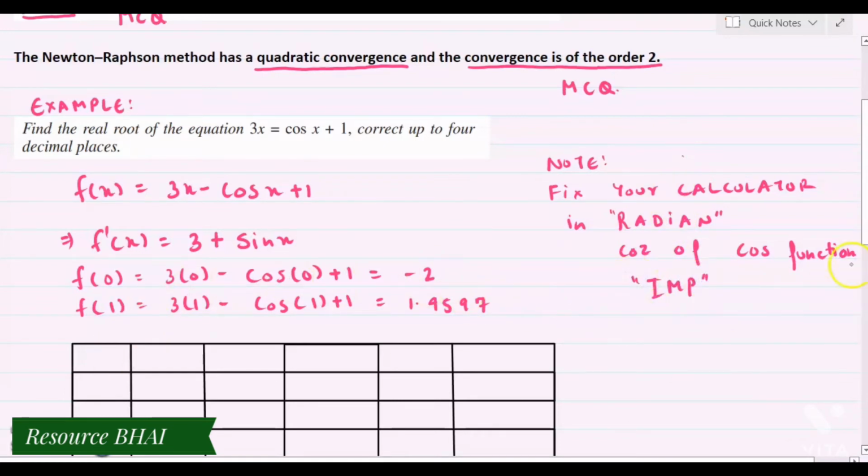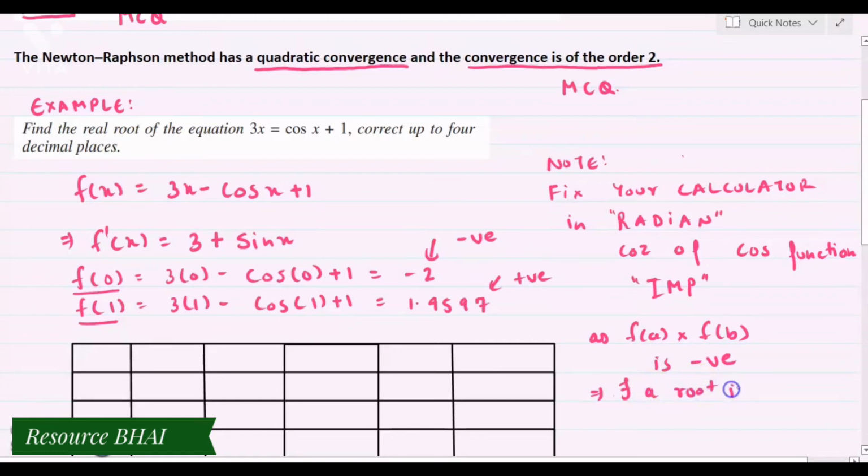Now let us come to the next important concept, that is to find the interval. The function value at 0 is negative 2, which is a negative value, and the function value at 1 is positive, that is 1.4597. So f(a) times f(b) is negative. This implies we will have a root in the interval (0, 1).